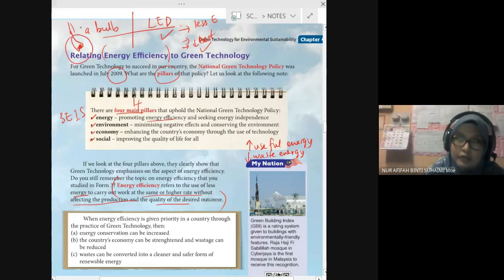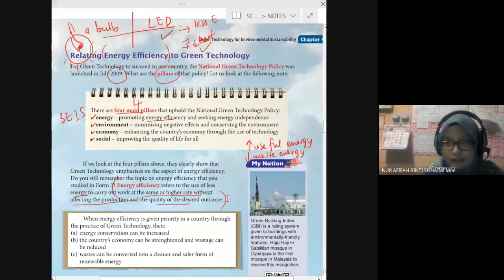This one uses more energy in order to light the filament here. So then it produces more heat. Lagi lama lagi panas. Compared to LED, dia tak panas. Kurang panas. Less heat produced and less energy required to power up. And then one more, more bright. So that is energy efficiency.